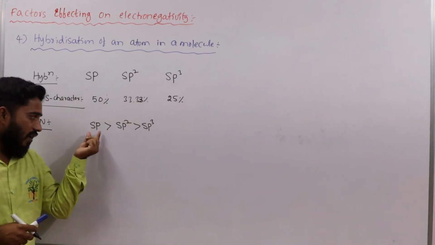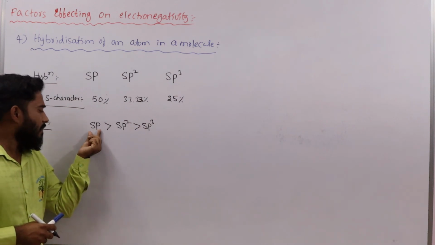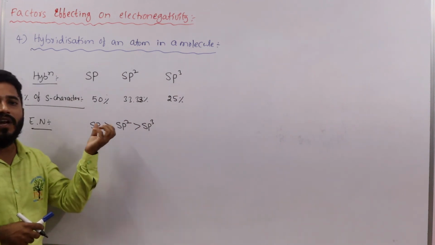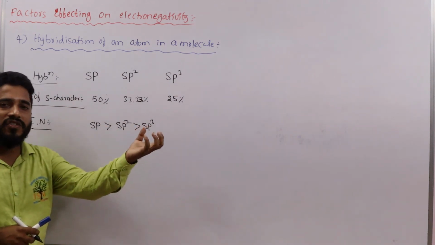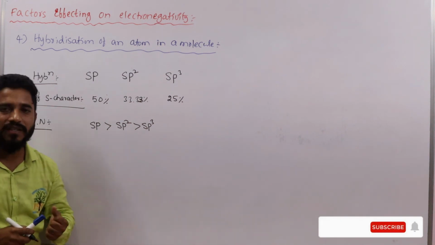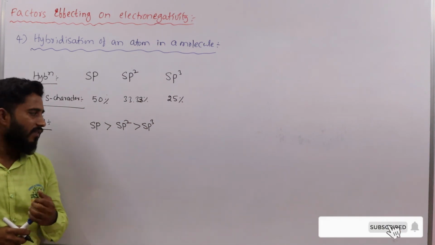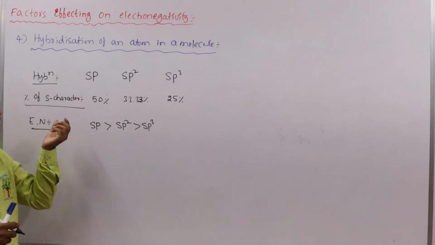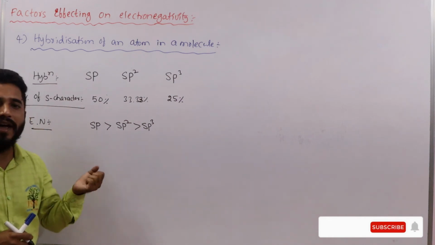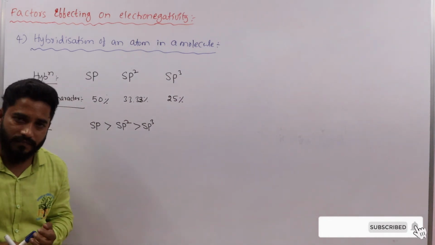That's why the atom with sp hybridization will attract bonded or shared electrons towards it very strongly. So the atom with a higher percentage of s has more electronegativity.